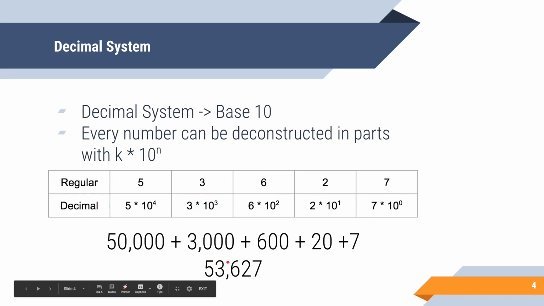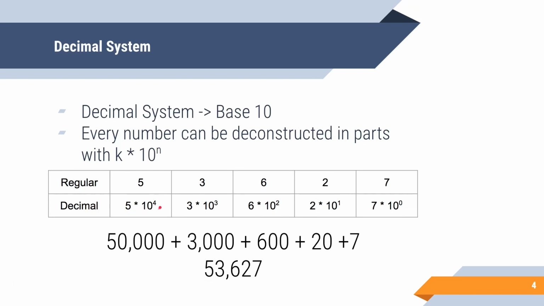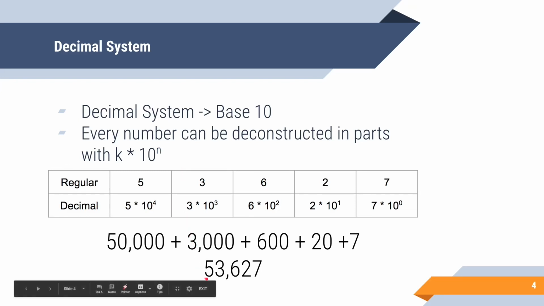We can fit five 10,000s within 53,627. So we rewrite it as 5 times 10 to the power of 4, which is 5 times 10,000.